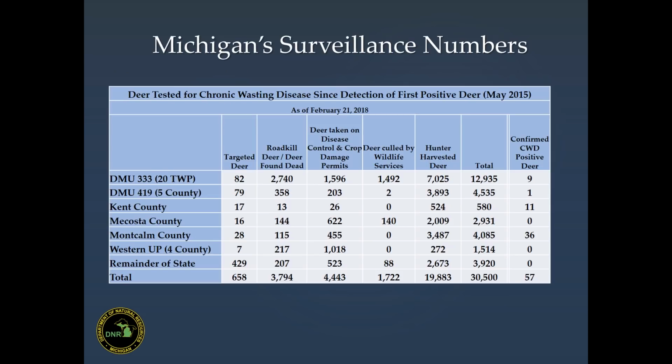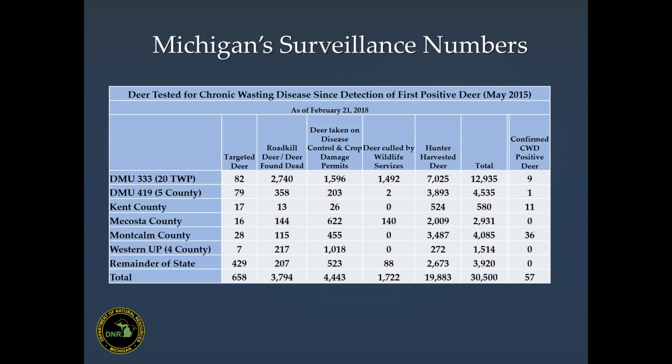As of February 21st, 2018, since 2015, we had collected over 30,000 samples, and you can see we have 57 total CWD positive animals over that time. Now keep in mind, CWD is not distributed evenly across the landscape. There are places that have it, places that don't have it, and certainly places that have more of it than others.